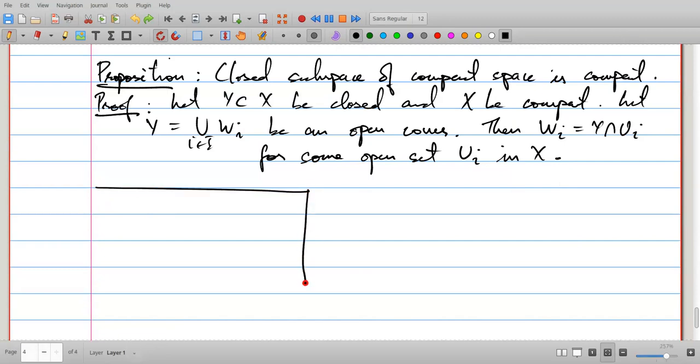So our picture looks like this. These are X and this Y. We are given some open cover, so these are the UIs.